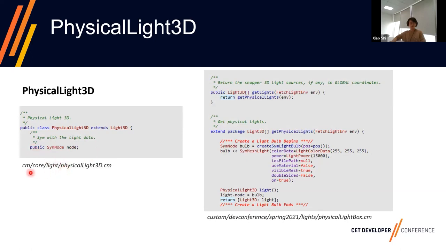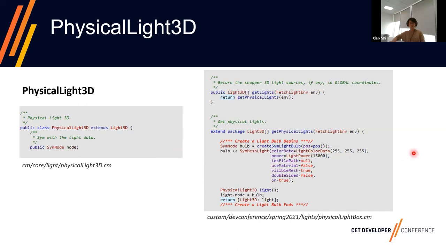This will come in 12.0, and now it's in a project branch. So if you want to check it out, I also marked it in the conference extension. It has a label redirecting to the branch that you can enter to check this out. So this physical light is one type of light 3D.